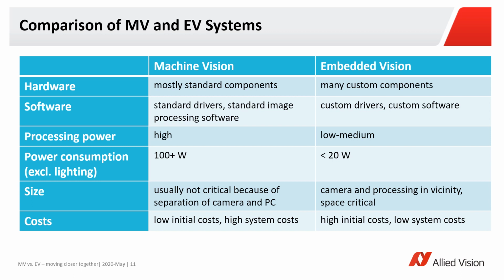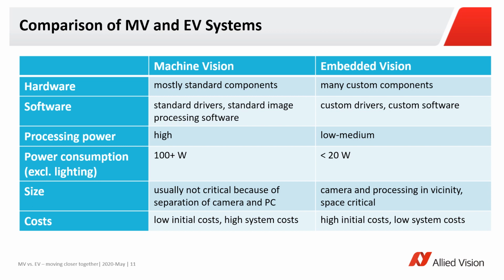In terms of size, I already mentioned it. Space is critical because the camera is usually close to the processing, to the embedded board. It's all in close vicinity. So the overall system is small and space is critical. On the cost side, because a lot of custom components are used, the setup cost to get the system up and running requires a lot of customization.